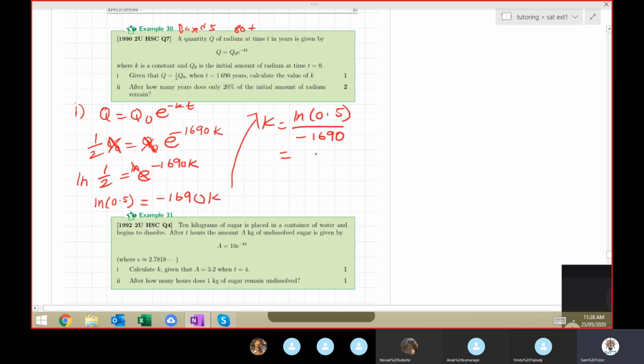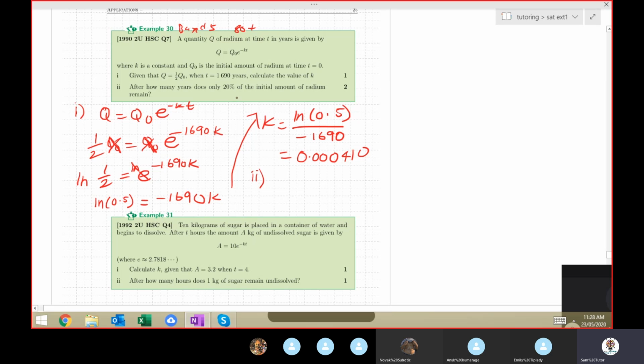Log 0.5 over negative 1690. 0.00041. Then we do it again.